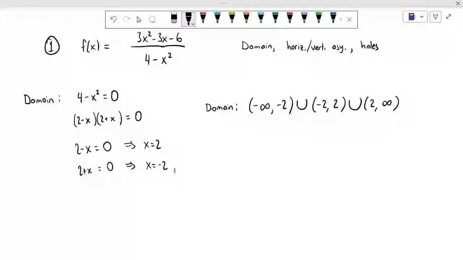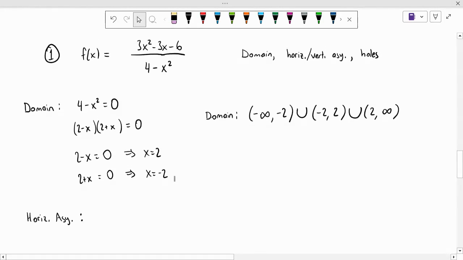Let's talk about the horizontal asymptotes next. To find the horizontal asymptote, there were 3 possibilities.